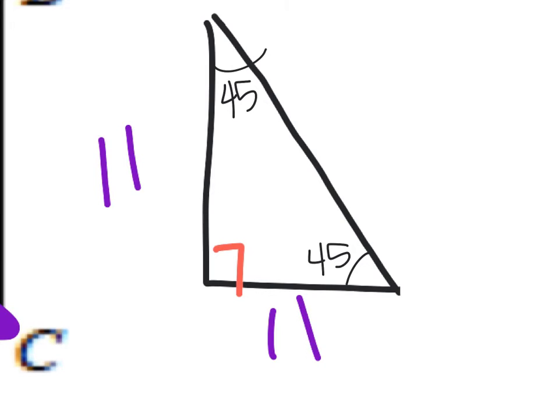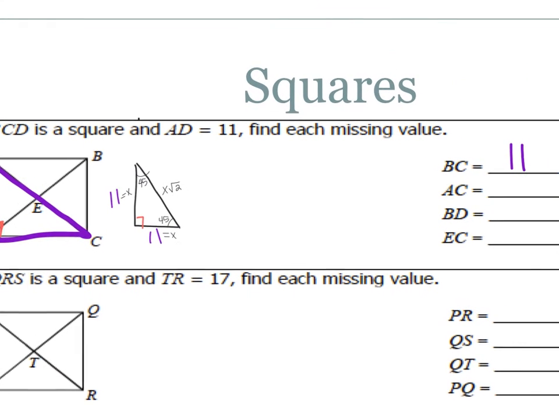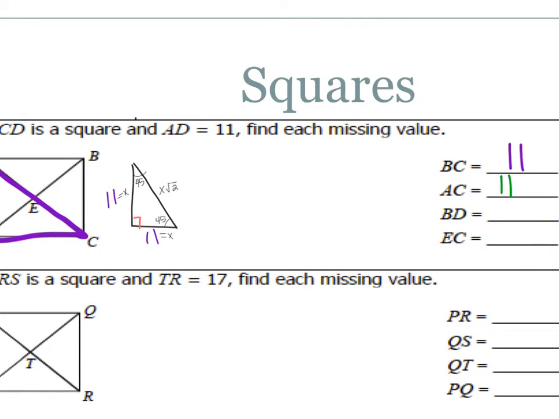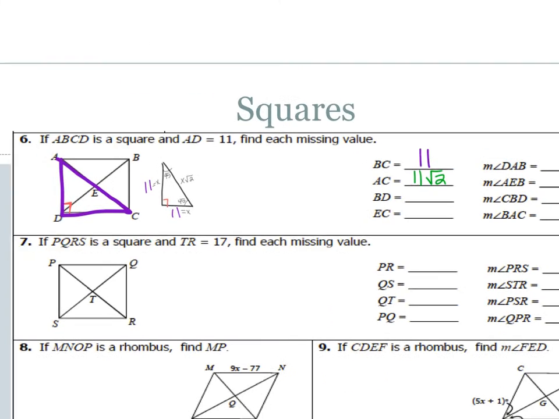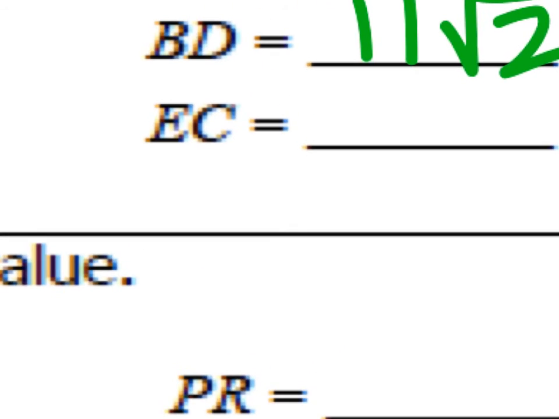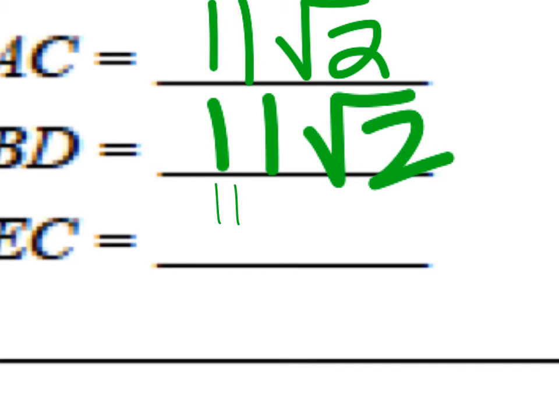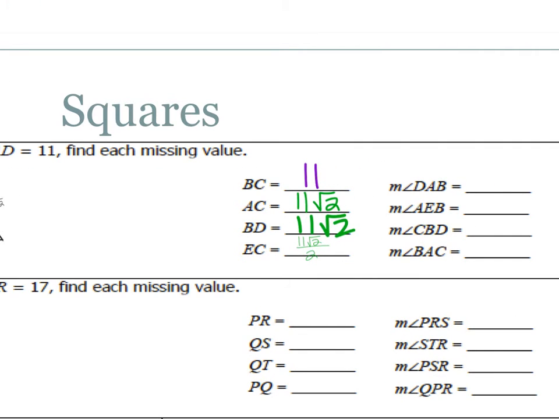So then by definition, if this side is x and this side is x, my hypotenuse is x square root 2, which means that that missing length of AC is 11 square root 2, which means BD is also 11 square root 2, which means EC, which is half of it, I'm going to zoom in here so we can do a fraction, 11 square root 2 divided by 2. And we can plug them into the calculator if we really want decimals.